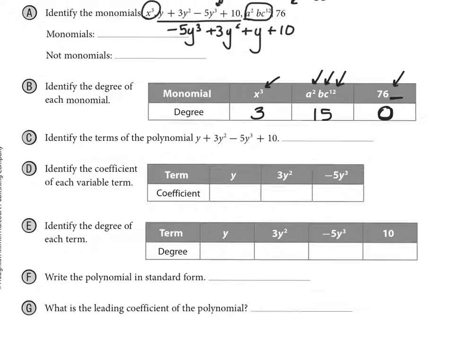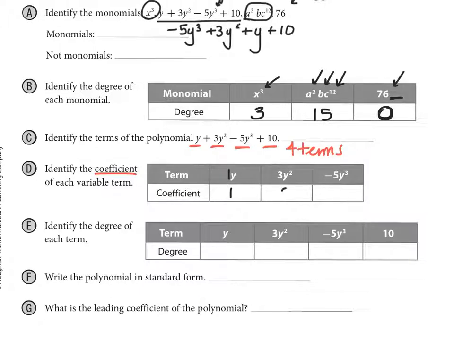If we talk about terms, the number of terms in a polynomial are each of the separate pieces. So for instance, this has 4 terms in it. All right, identify the coefficient. The coefficient is the number in the front, which we'll use a lot coming up pretty quickly. So the coefficient of y is just 1, right? That's like 1y.